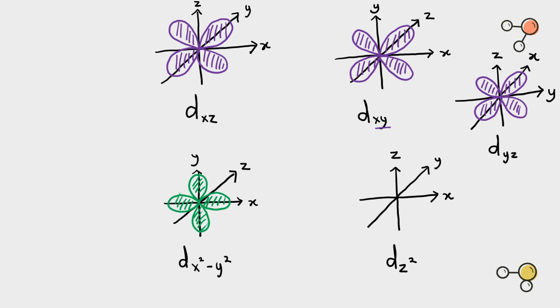And lastly, for the dz squared, we will have the two loops on the z-axis and a donut at the center. So for all these shape of d orbitals, we do have a node at the center as the nucleus.